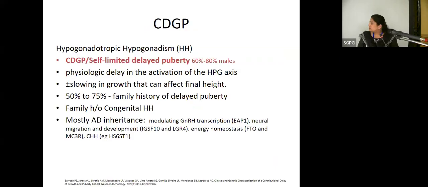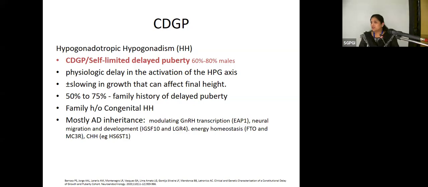So what is CDGP? CDGP is a physiological prolongation of the normal physiological hypogonadotropic state in a child. After mini puberty until the age of puberty, children normally have a physiological state of hypogonadotropism. If it is prolonged, it is said to be the physiological extreme of the age of pubertal onset.